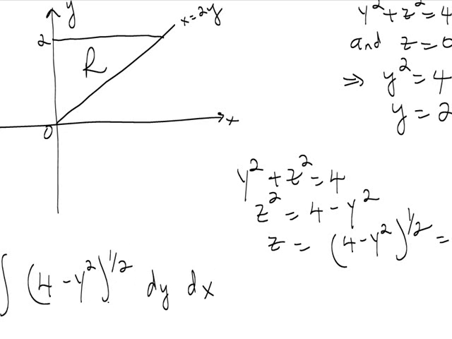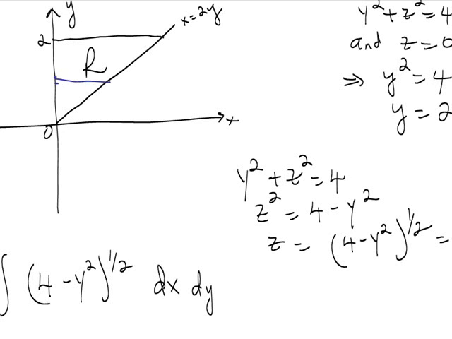This is a trigonometric substitution. I don't want to do that. I don't know about you. So I don't want it to be vertically simple. You can do it, but it's going to be long and difficult. I like my dx dy. So I am going to make it horizontally simple.